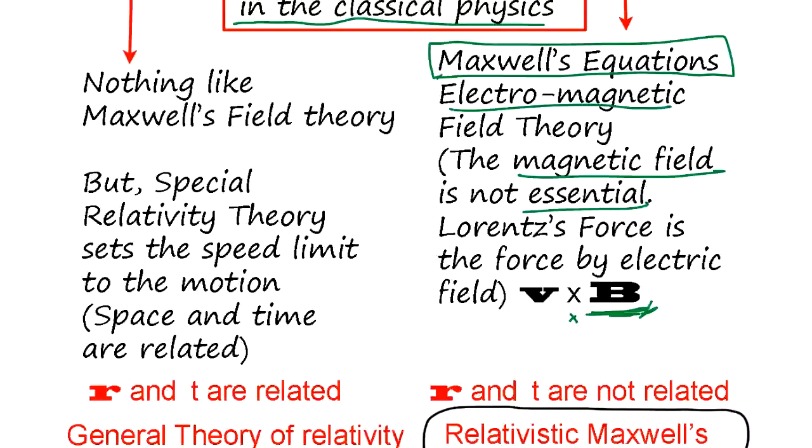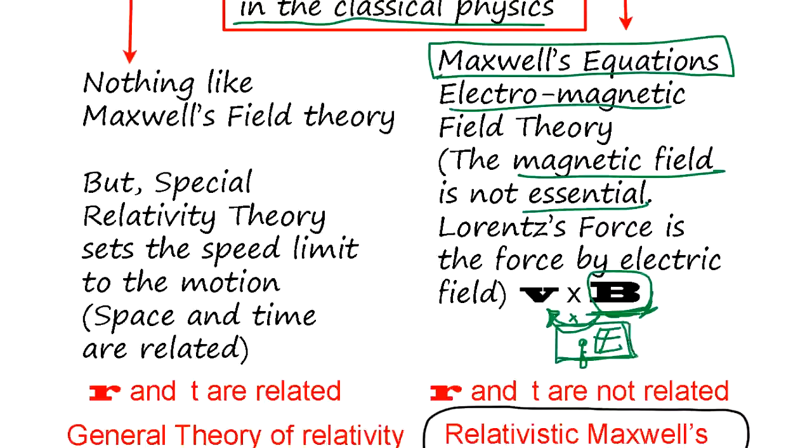Is a magnetic force? Is the magnetic field generating force? It's not. The magnetic field is an intermediate field. When the charge moves in the magnetic field, that generates an electrical field, and the electrical field with a charge generates a force.